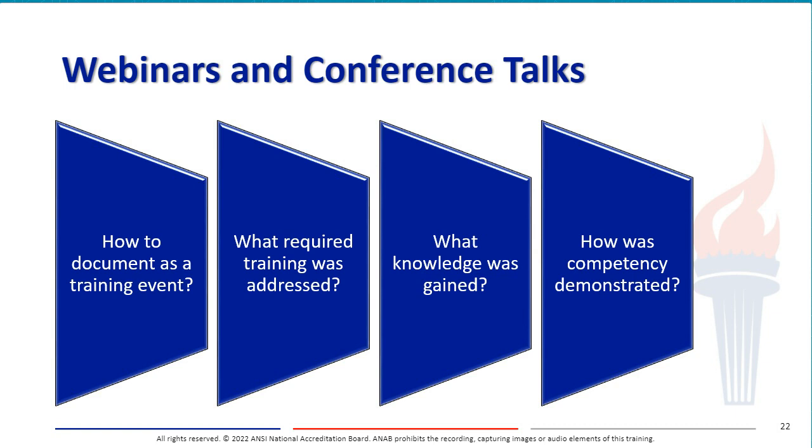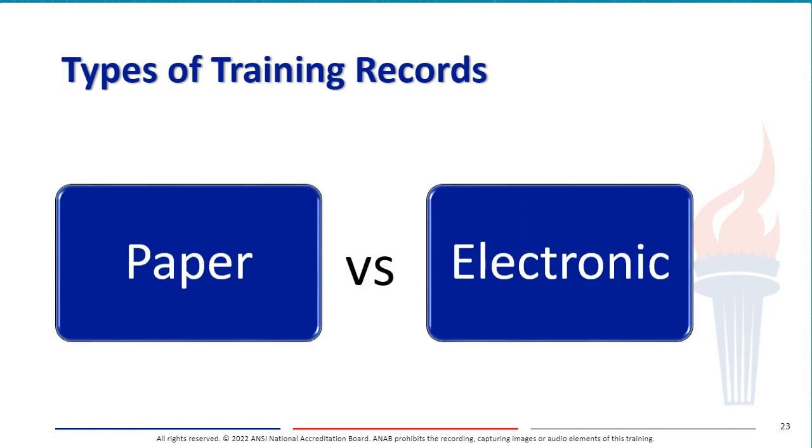Now that we've gone through some types of training, let's talk about types of training records. When it comes to training records, or any records for that matter, the records can be paper or electronic, or a combination of both. Document management systems, such as Qualtrics, can be used to store paper records as scanned copies, and electronic records, such as workflow results, or quizzes after reading and understanding a procedure, or a test used in conjunction with on-the-job training, for example.